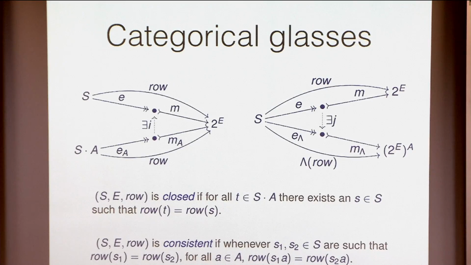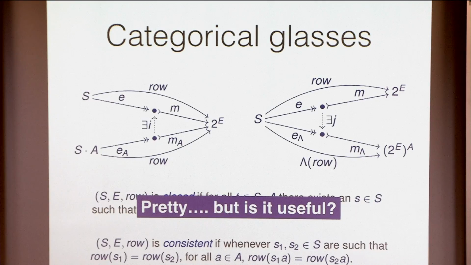Once you draw these pictures, the first thing that was striking to me is that you can really see that closedness and consistency are dual concepts. You can see that from the diagram. And the second thing is you reduce your assumptions to a very general condition. This epi-mono factorization is something that exists in many categories.